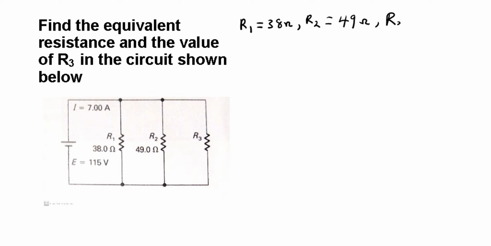R3, we don't know the value. We have to find the value. Then the current flowing through the circuit is 7 amperes, and the EMF of the circuit is 115 volts. So we are asked to calculate the equivalent resistance. Now, what do we do?